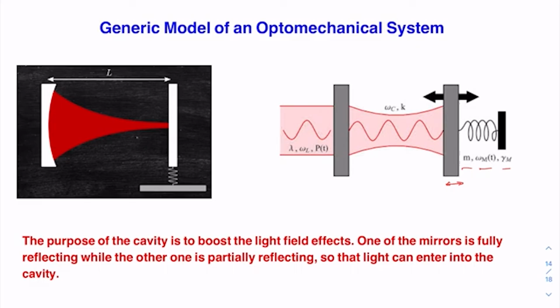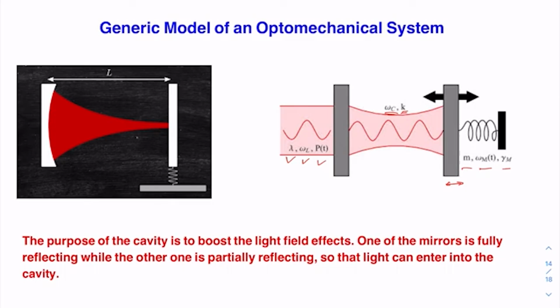The cavity is characterized by the cavity resonance frequency, say omega c, and a cavity decay rate kappa or k. On the other hand, the incident laser light is characterized by its wavelength lambda, its frequency omega l, and the power p.